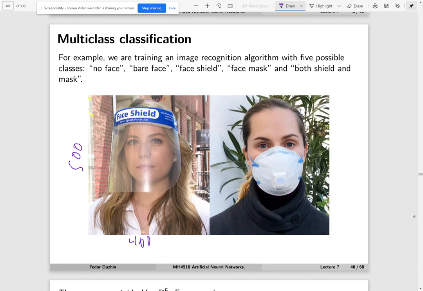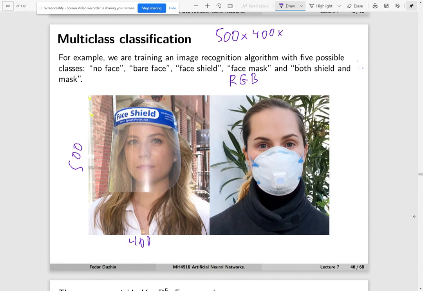So it means that we have 500 by 400 pixels, and every pixel has 3 color channels, red, green, and blue. So every pixel is represented by 3 numbers between 0 and 255, I think. But it doesn't matter. You can think of them as numbers between 0 and 1, right?